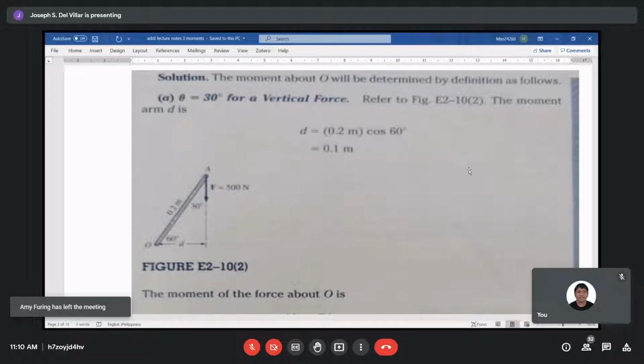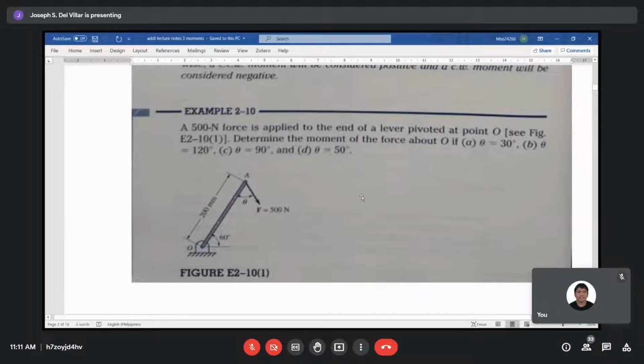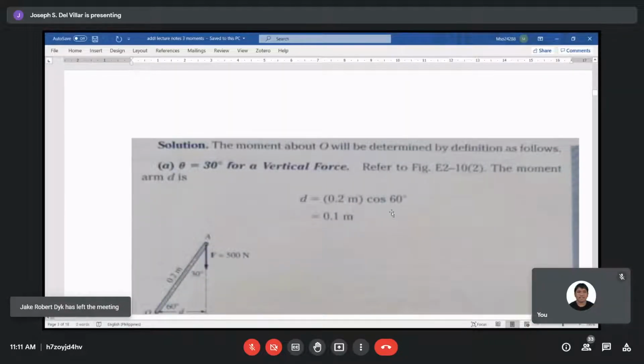And what is that equal to? Oh, 1/2, di ba? 1/2 yung sine. So times 500, so that is 250 Newton meter. Okay? So letter A is 250 Newton meter, and that is clockwise direction.